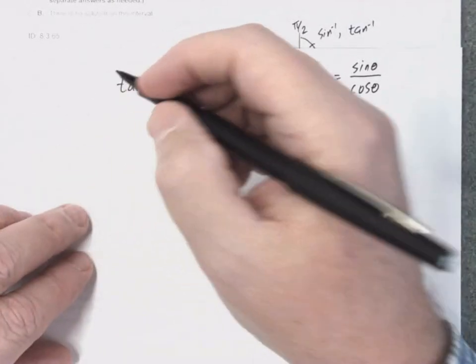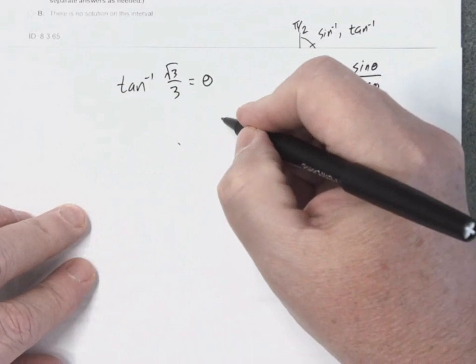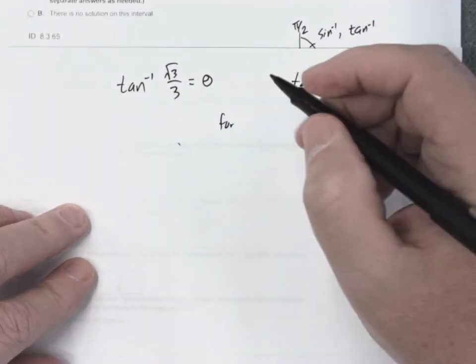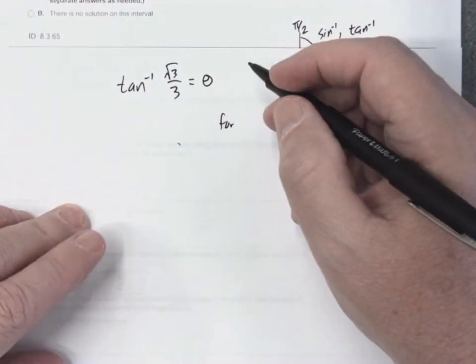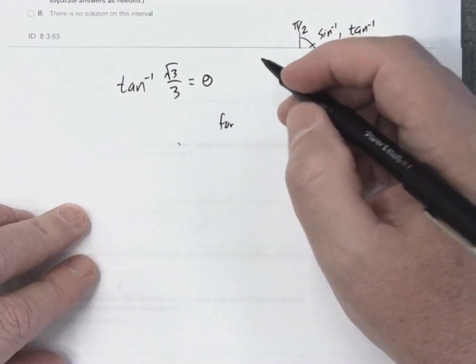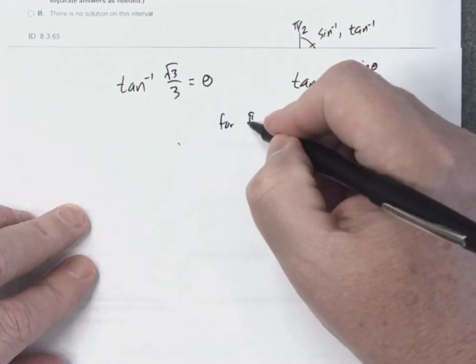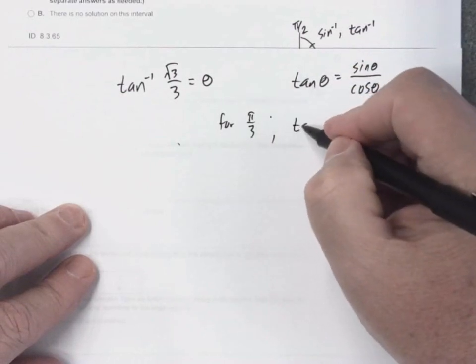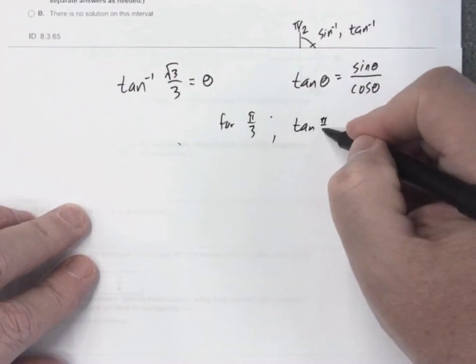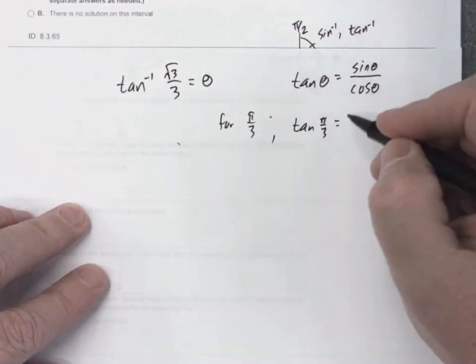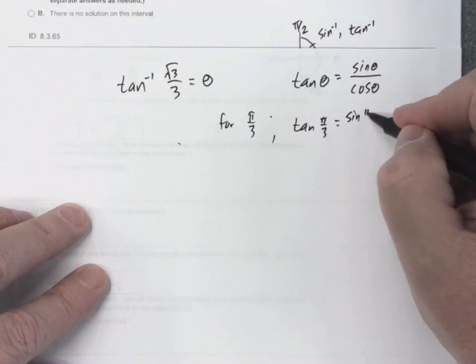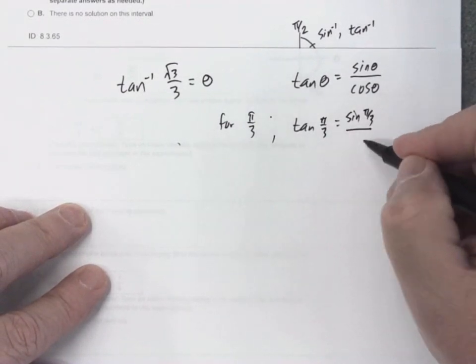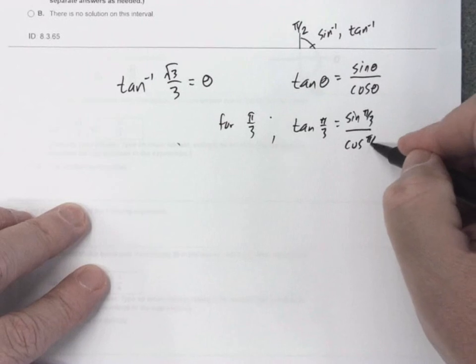So let's just see what we have. Let's first look at pi over 3. Tangent of pi over 3, just to make it clear what I'm doing here, is going to be sine of pi over 3 over cosine of pi over 3.